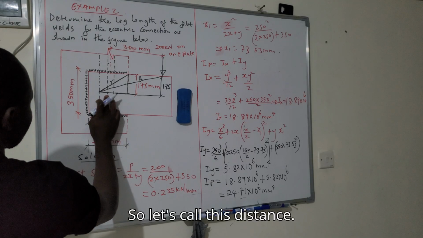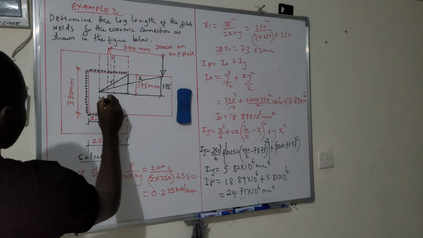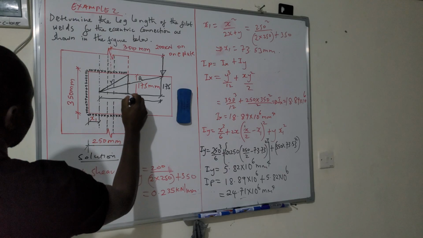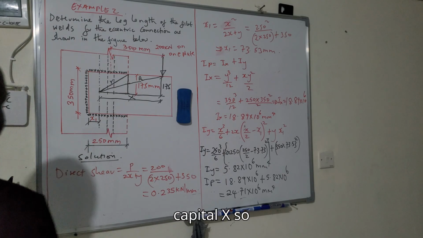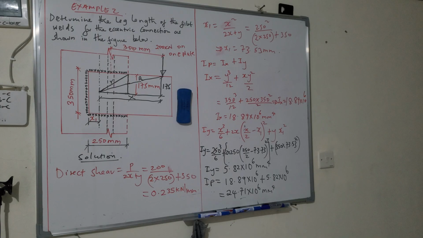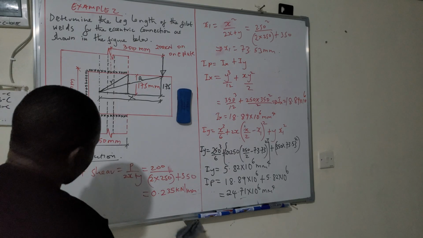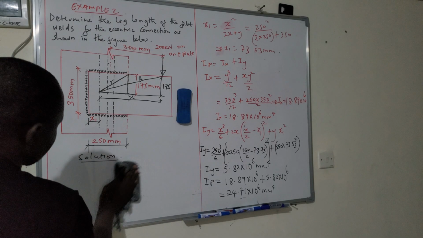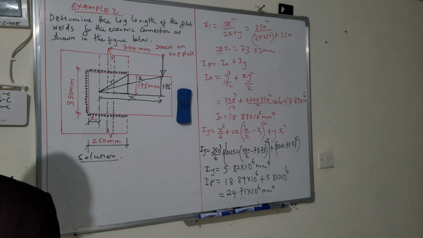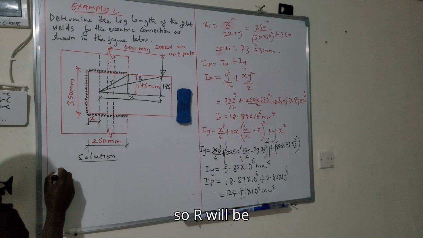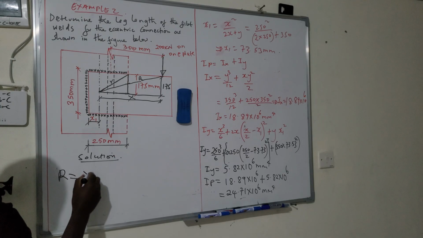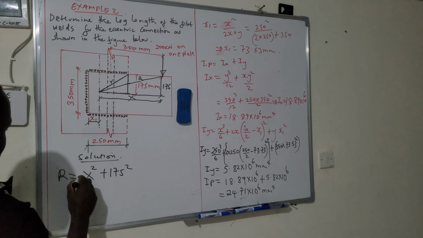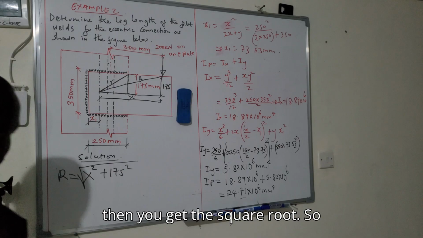Let's call this distance capital X. So R will be the square root of x squared plus 175 squared.